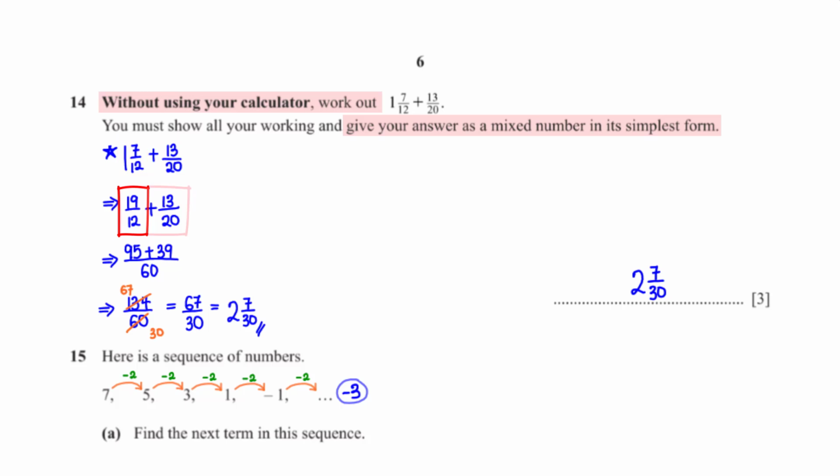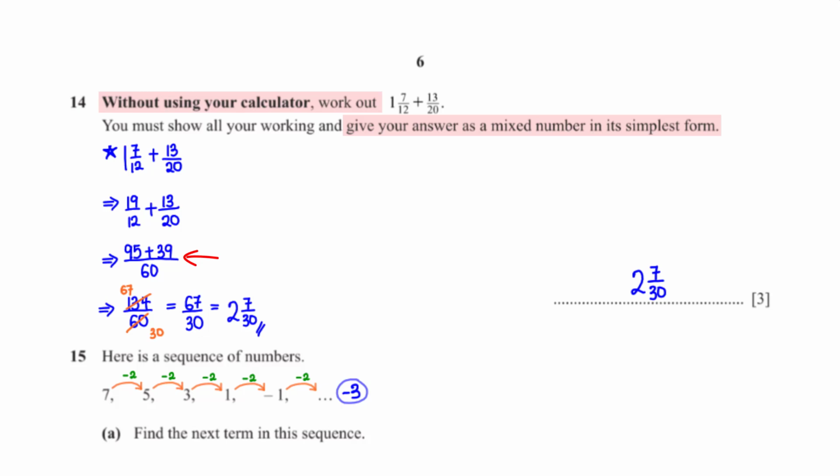To get a common denominator for the two fractions, we need to find the LCM of 12 and 20, which is 60. So for 19 over 12, we multiply the denominator by 5 to get 60. And so we also need to multiply the numerator, which is 19, by 5. This gives us 95.